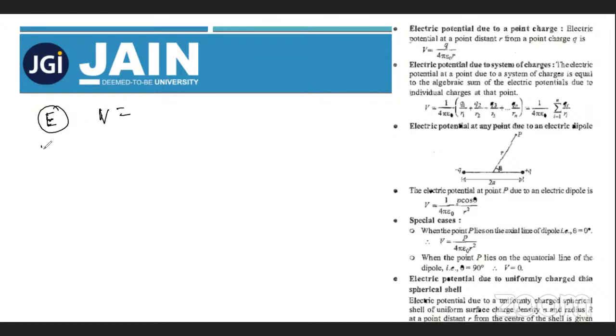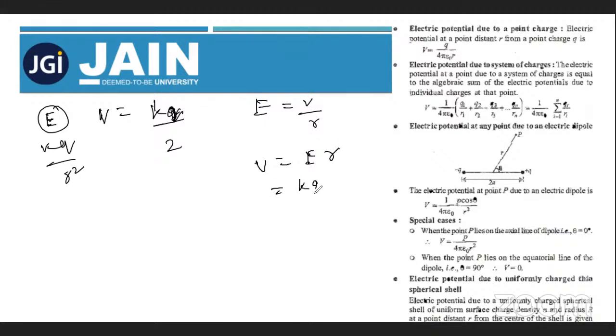If E was kq by r square, this will become kq by r. We showed the formula E is equal to V by r. If I have to find V, V will be equal to E times r. So E is kq by r square, into r, and r gets cancelled, so I get kq by r.